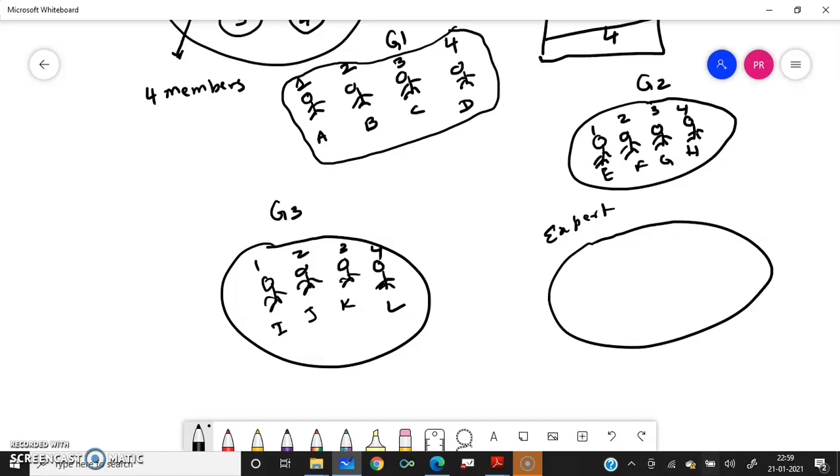So what the teacher will do is form an expert group. Content 1 is given to A, so A comes here. There will be a discussion on content 1.